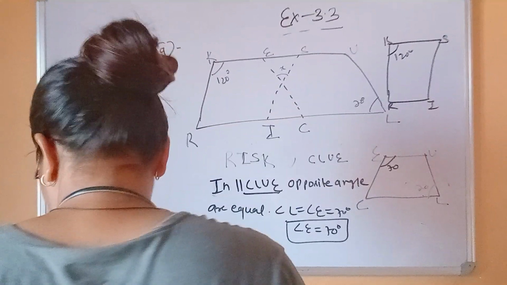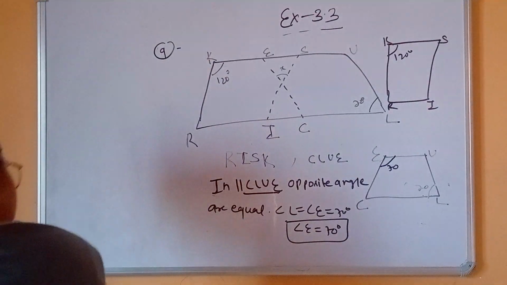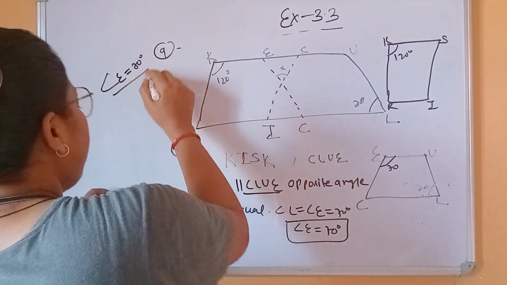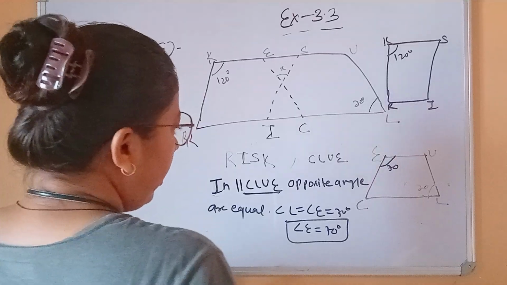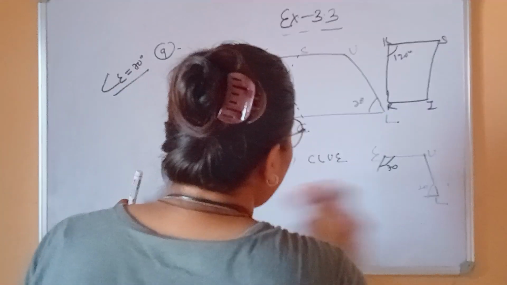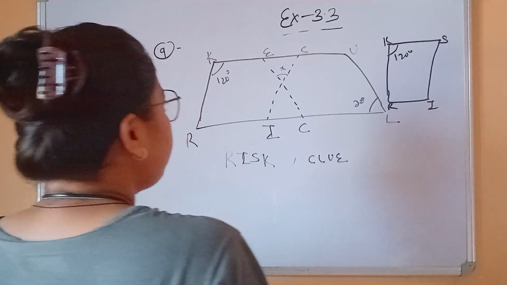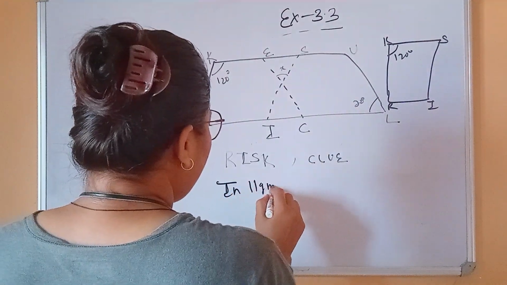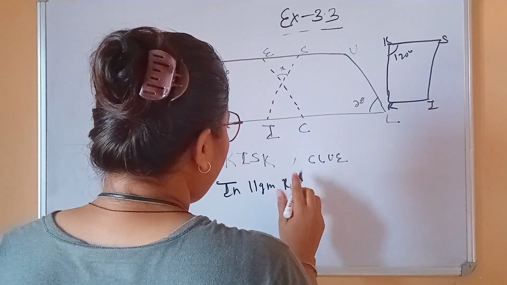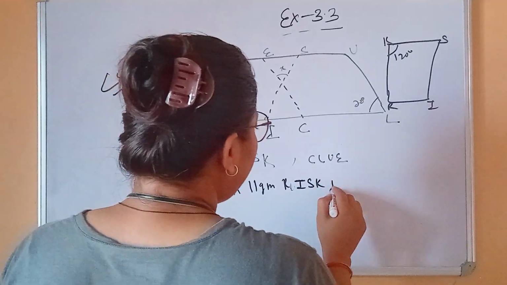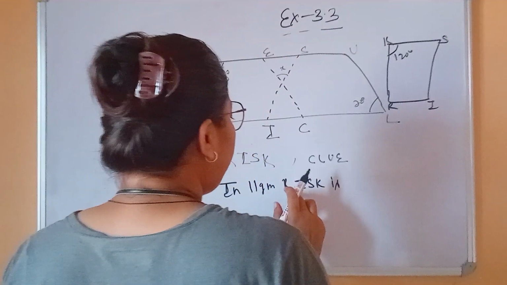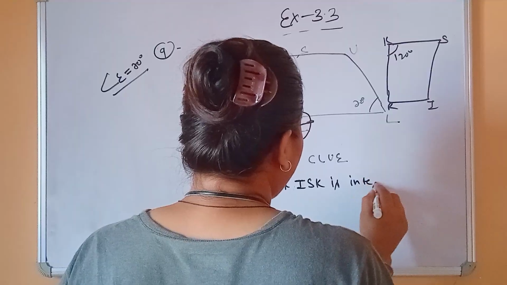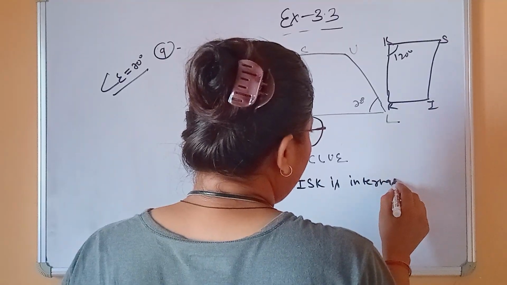So what we do? So you remember here angle E is equals to 70 degree. Then I remove here. So in parallelogram RISK, internal angle is supplementary.